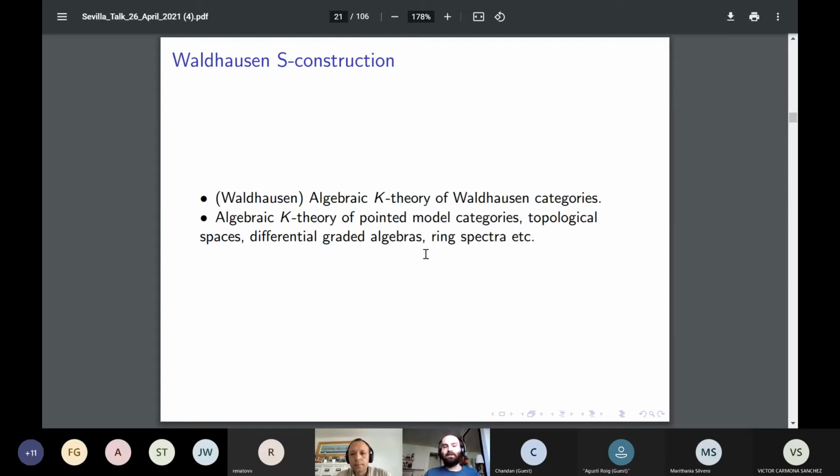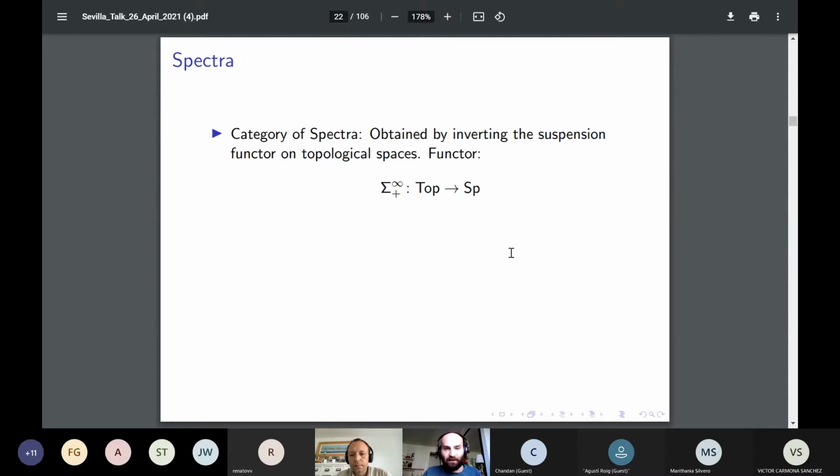So I'll start saying a few things about ring spectra because this is so fundamental to the study of algebraic K-theory. But let's start with spectra itself, and then we'll get to ring spectra. So the category of spectra, vaguely speaking, can be considered as a category obtained from topological spaces by inverting the suspension endofunctor on topological spaces.